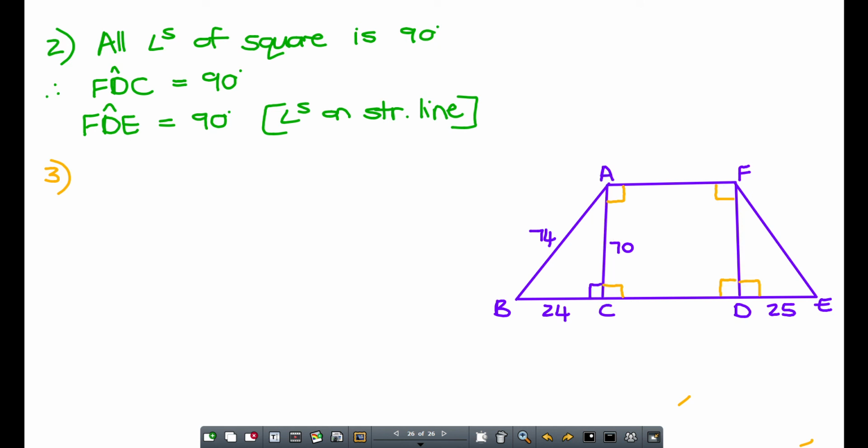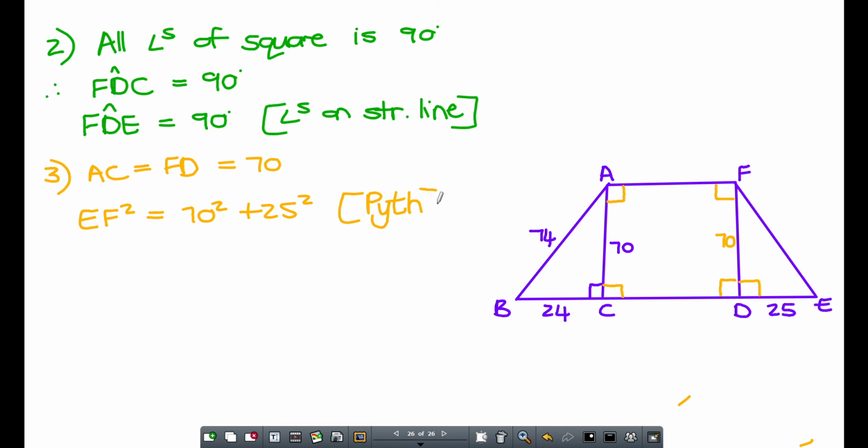So AC will be equal to FD equal to 70. Let's put it in there, 70. Now to get FE, we're going to work with that triangle and use Pythagoras. EF squared is equal to 70 squared plus 25 squared. I could do that because of Pythagoras.